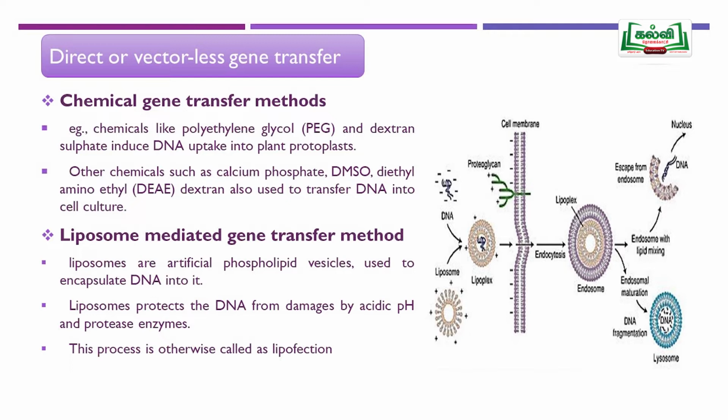These things we may use in a chemical gene transfer method. The next one is liposome mediated gene transfer method. In liposome mediated gene transfer method, artificial phospholipid we have to use. This artificial phospholipid is encapsulated with a DNA molecule. Why do we use phospholipid liposomes for gene transfer?